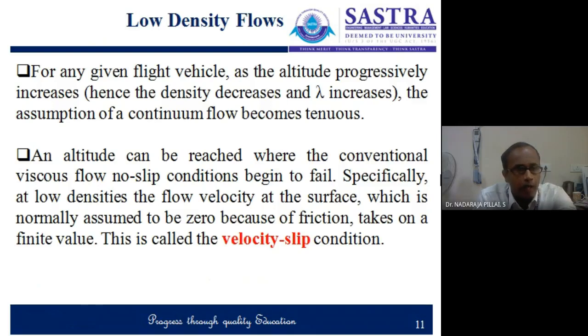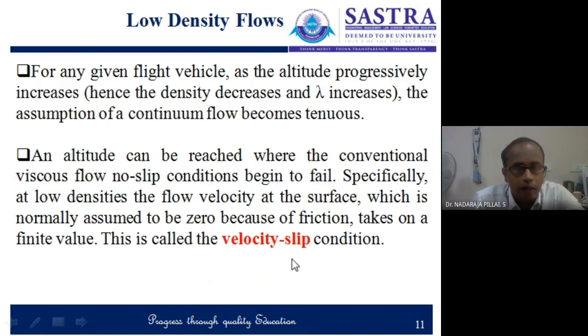Specifically at low densities, the flow velocity at the surface, which is normally assumed to be zero because of friction, takes a finite value, correct? This condition is called the velocity slip condition, right? We note the velocity slip, and we will discuss temperature slip and so on.